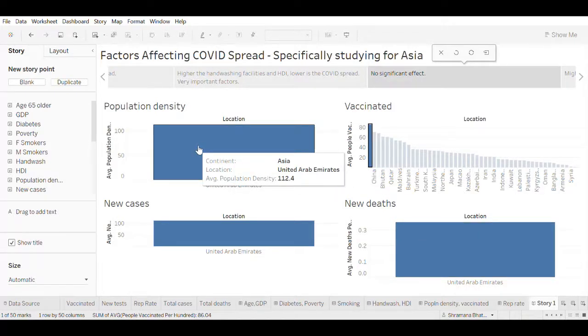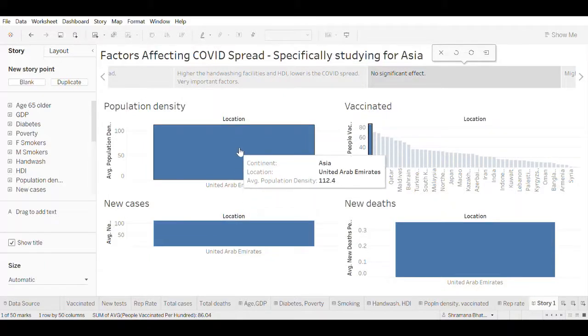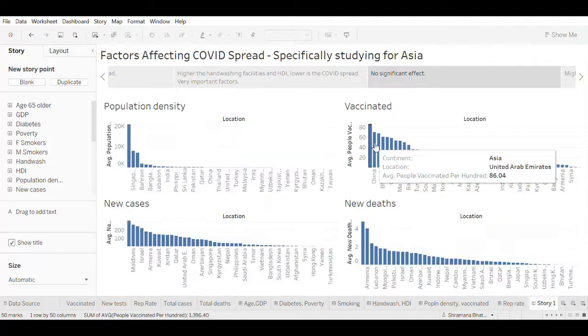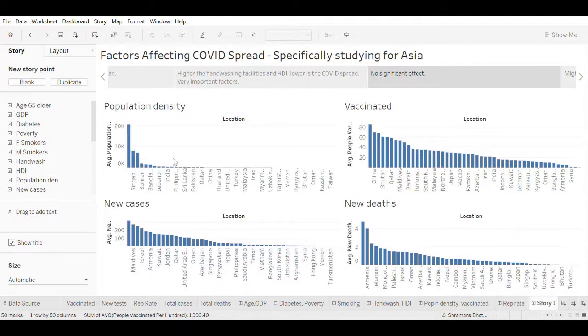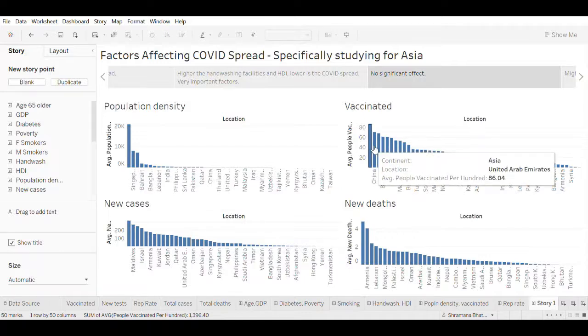Population density is 112 as well, which is not on the higher side, but yes. So it's a normal thing that if you get more people vaccinated, then you're supposed to have less number of new cases. But for United Arab Emirates, we can see it's not that. It's not showing a very similar picture.